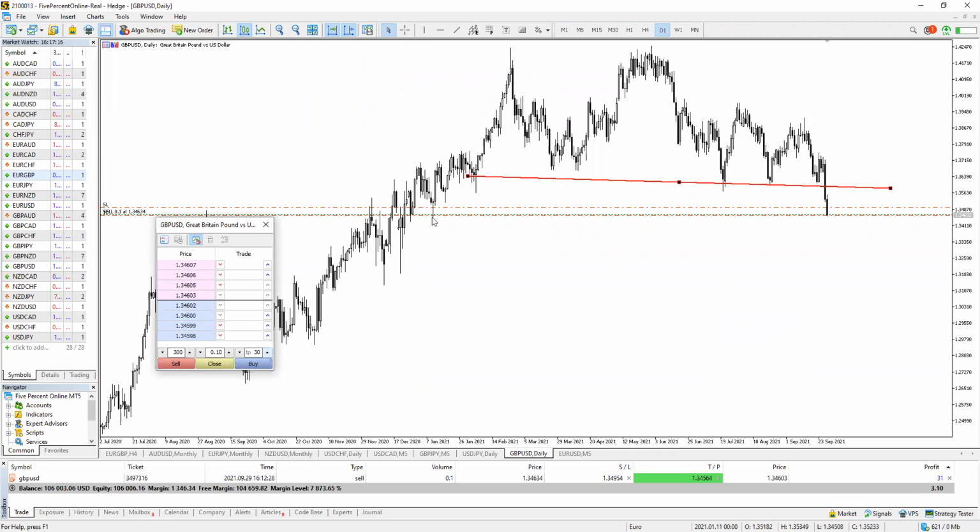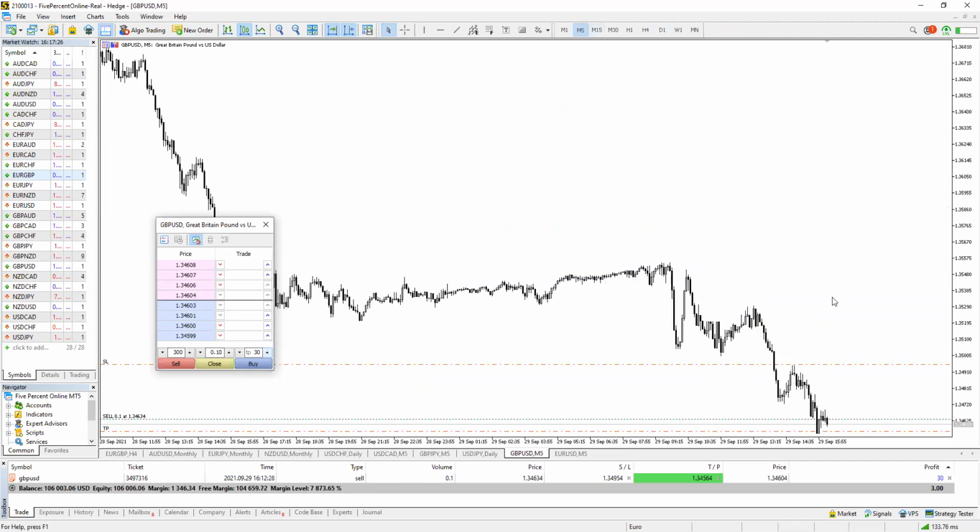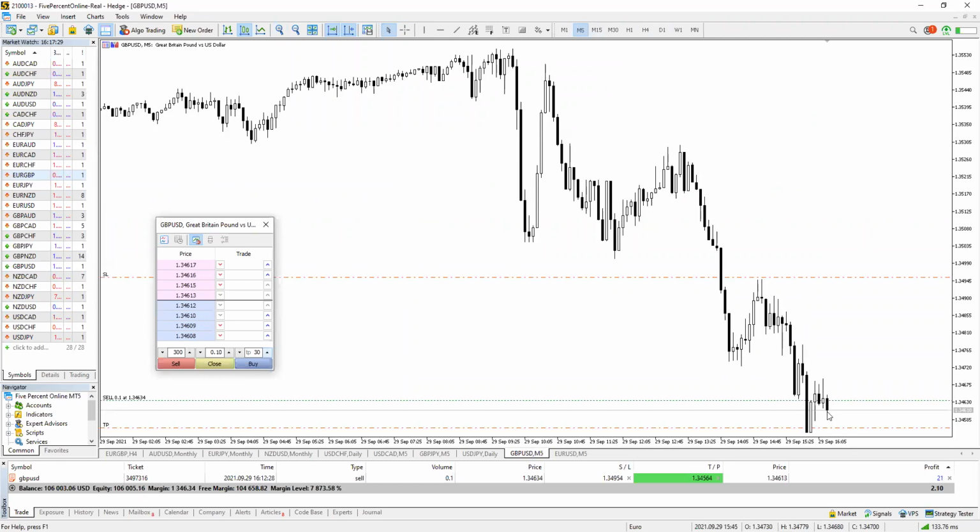We might see an aggressive movement all the way to this demand back here. So I might just hold this trade, but I need to see how price forms around that area.